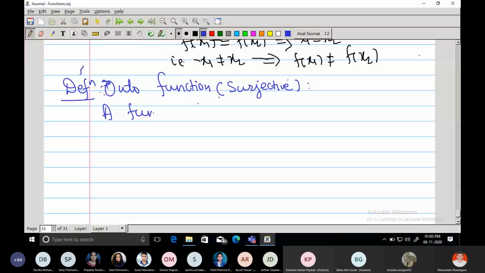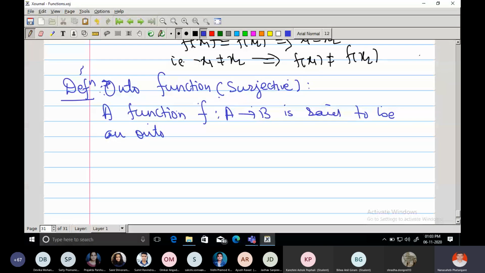A function f from A to B is said to be an onto function if for each y in the codomain there is x in A such that f of x is equal to y.